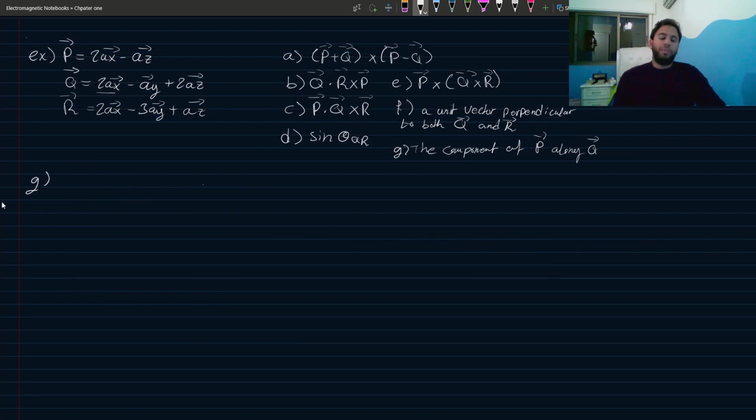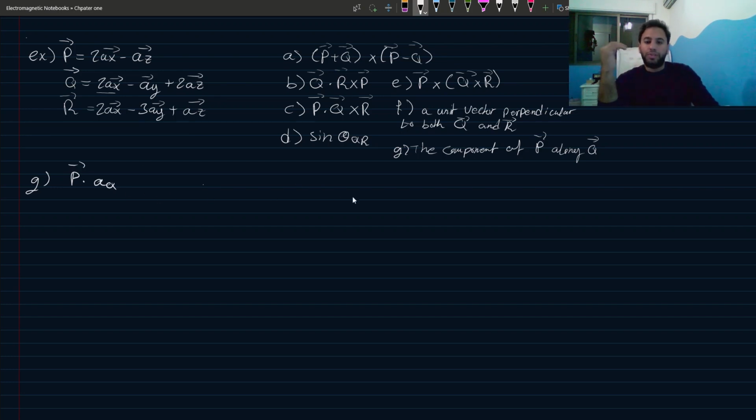For G, the component of P along Q. And if you remember, to find the component of a vector along another vector, we just multiply the vector that we want to find the component of, which in this case is P, dot product by the unit vector of the direction of the vector that we want to find along, which is in this case aq.